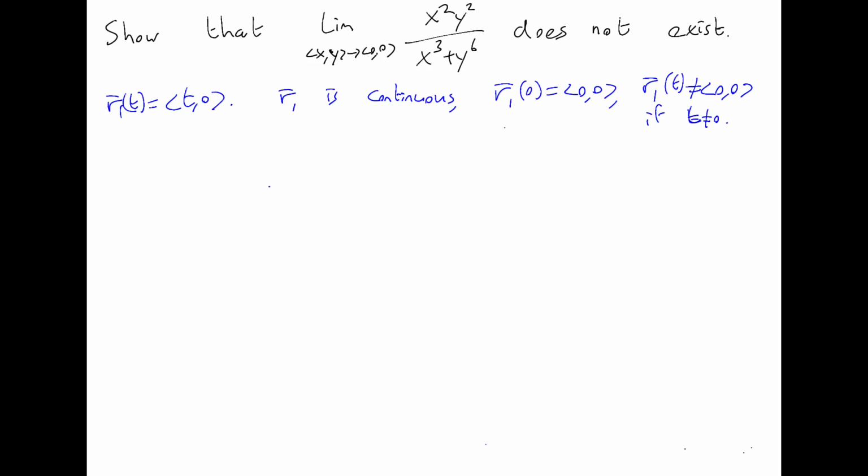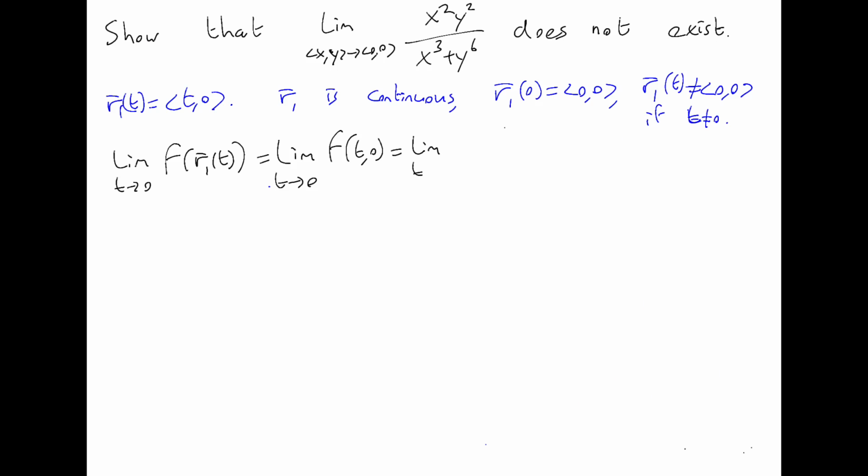Okay. So now let's compute the limit for t to 0 of f of R1 of t. Okay, so what do we do? We take our function, which is x squared y squared over x to the third plus y to the sixth, and we substitute. Maybe I should do one extra step. So R1 of t is (t, 0).